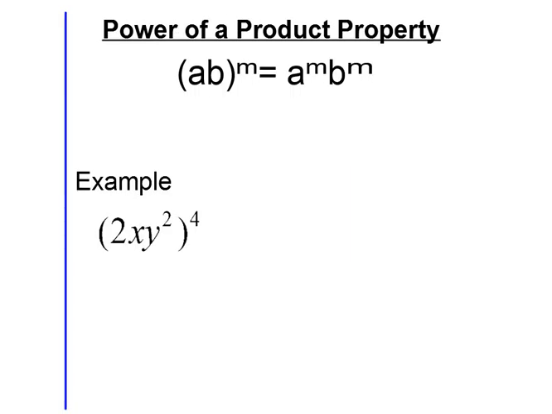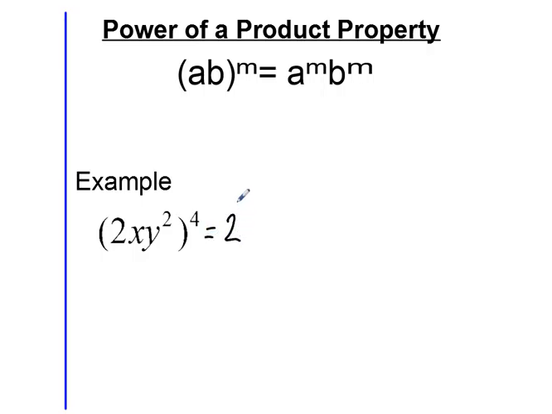Power of a product states that if you have an exponent with multiple pieces to the term that it's being used on, we must use that exponent on all pieces inside of here. So in this problem, we have a 2x y squared. All of this is being raised to the fourth power. The power of 4 gets used in different ways with this 2 and the coefficient of 2.